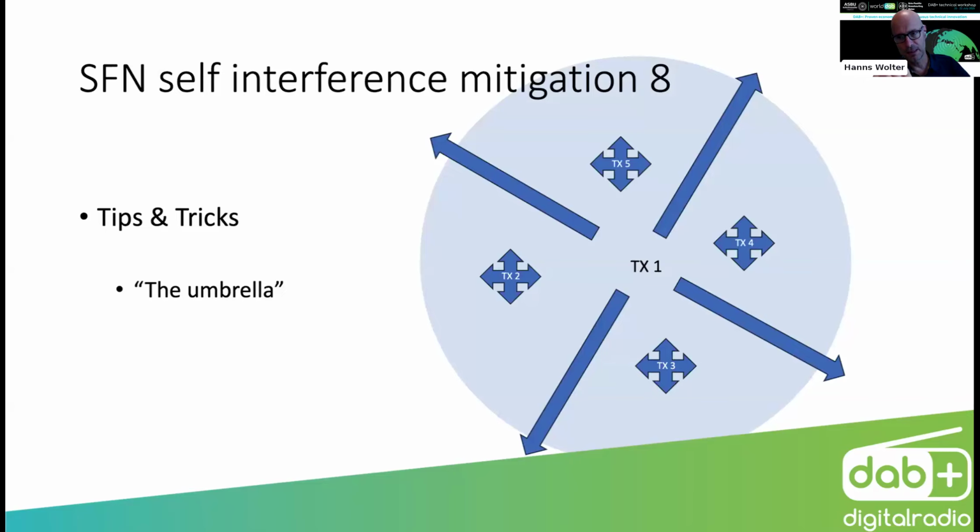If you have one transmitter with a very, very big coverage area, you can, of course, under this umbrella, set up a number of smaller transmitters inside this coverage area. This is, of course, also a possibility. This does not address the 73-kilometer problem, but it's a way to build SFN coverages, of course. I hope this helps a little bit.